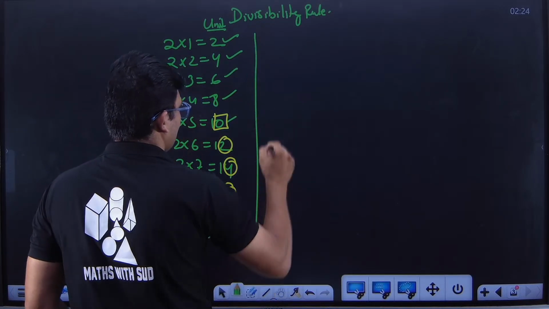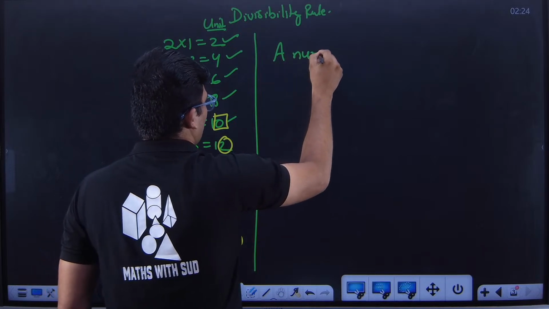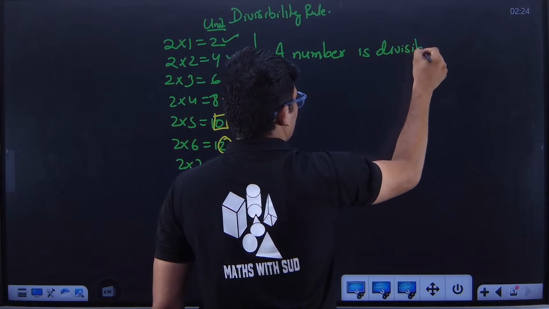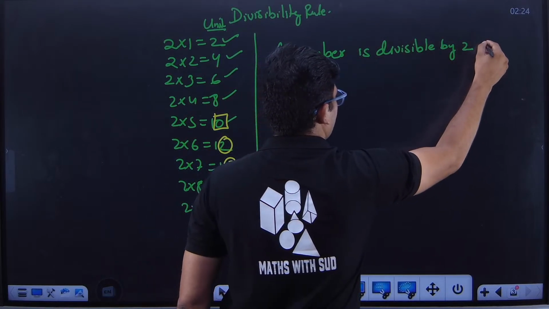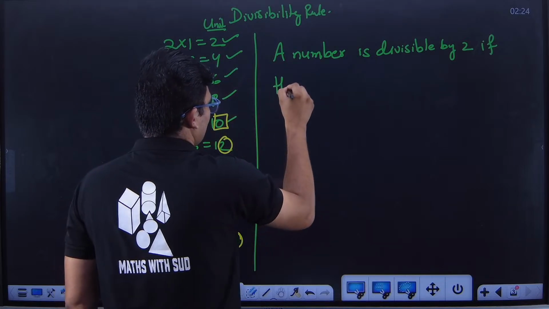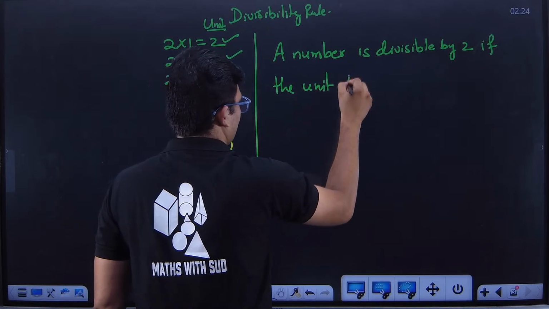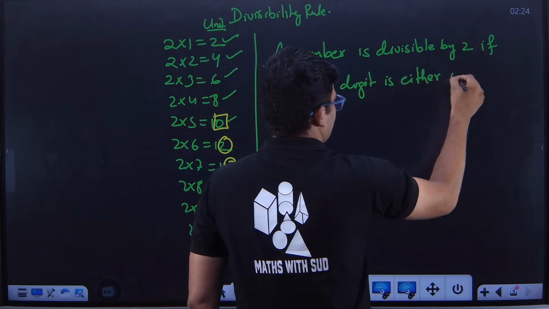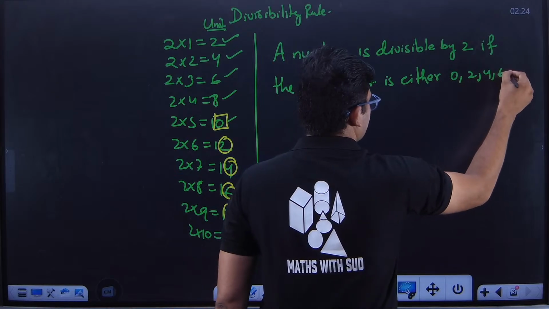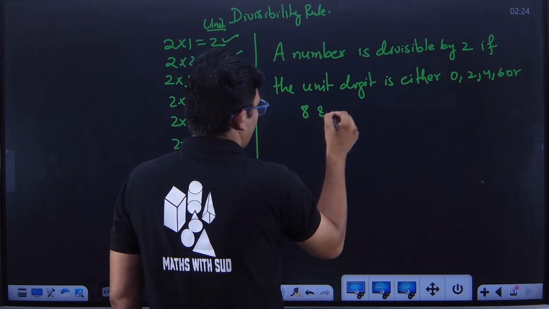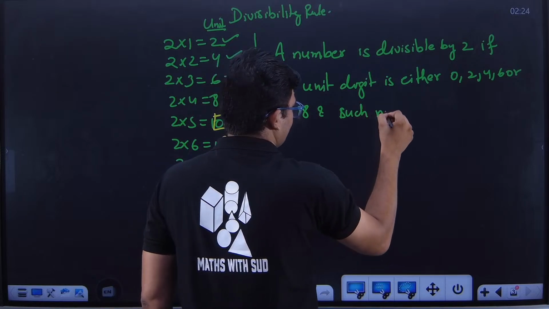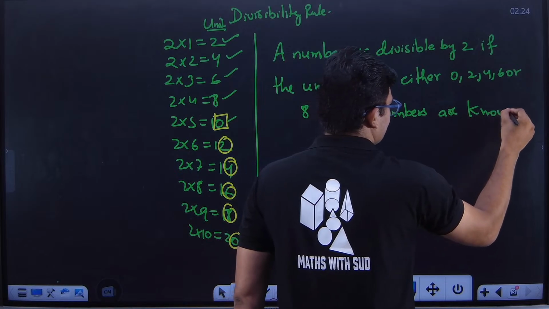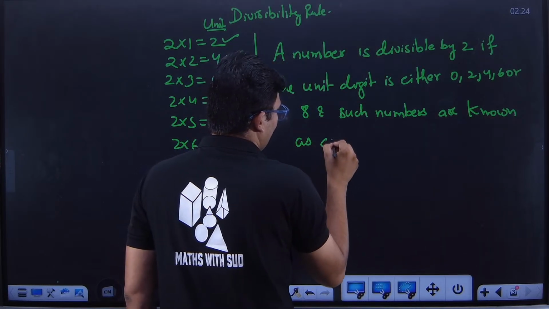We say a number is divisible by 2 if the unit digit is either 0, 2, 4, 6 or 8, and such numbers are known as even numbers.